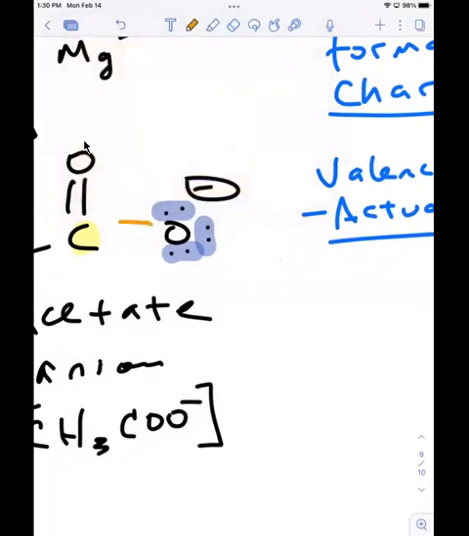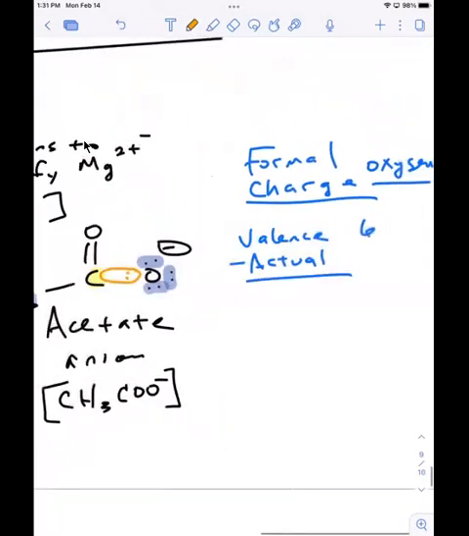So I'm going to write that in like this. Even though they're unevenly shared closer to oxygen, they're shared, right? So actual will be half of whatever the bond is. If the bond has 2 electrons in it, then the actual is going to be 1. So the total number of electrons around oxygen right there is the 3 lone pairs, that's 6, and 1 from the bond, so that's 7. So 6 minus 7 is -1. So that's why oxygen has a negative charge.